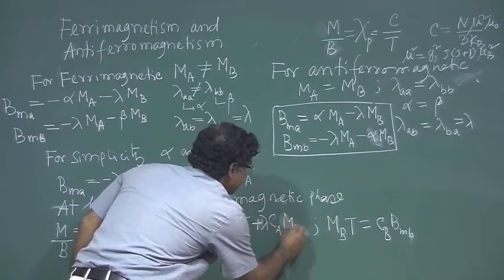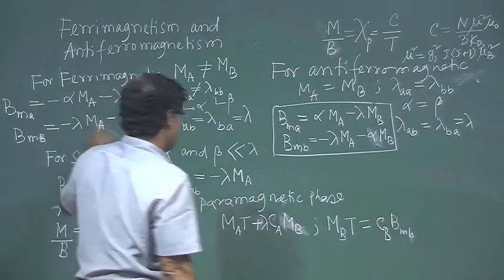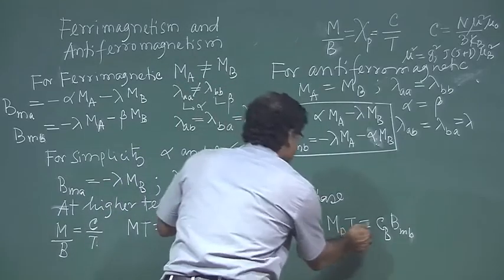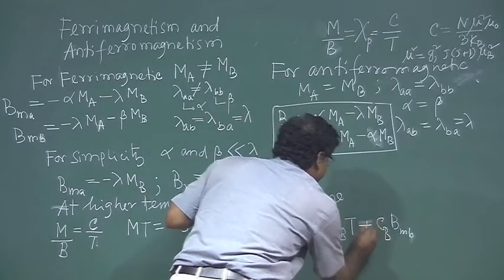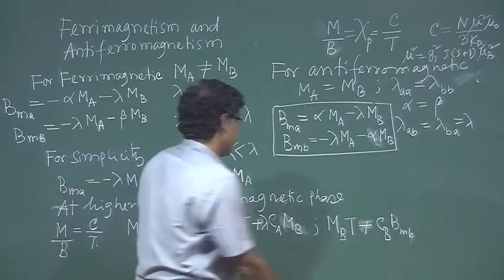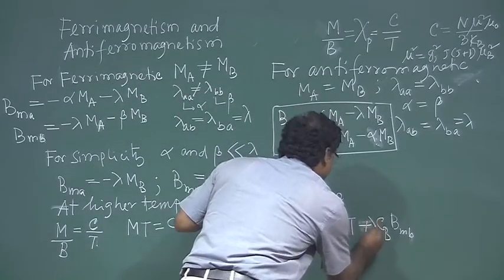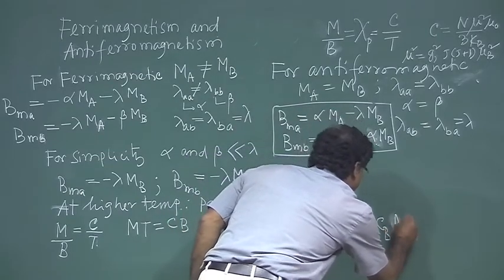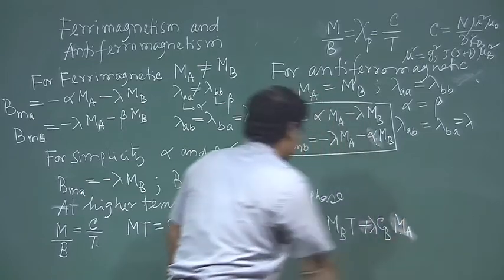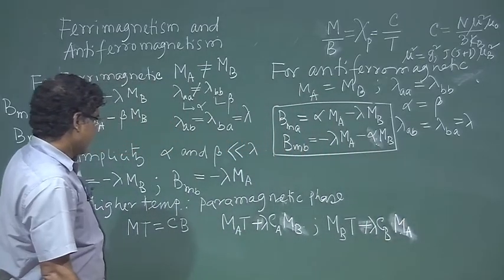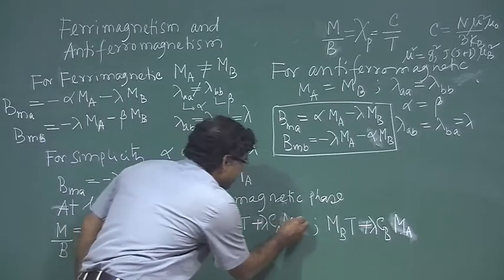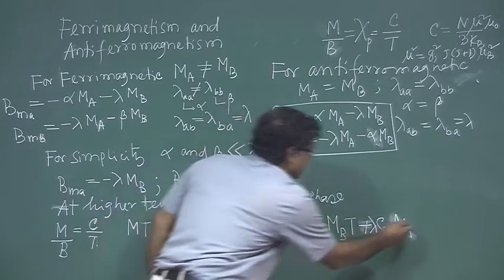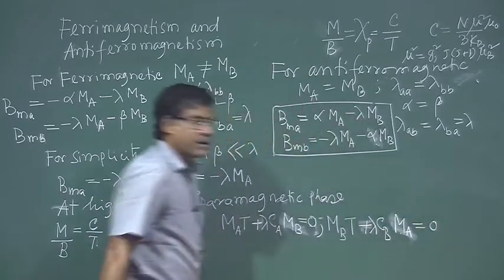So, I can replace this B_MA by this, and B_MB I can replace with this. So, this side I can write plus lambda C_A M_B, and for the other, lambda C_B M_A, right. So, here you can see this I have to write equal to 0, right, and this equal to 0, right.